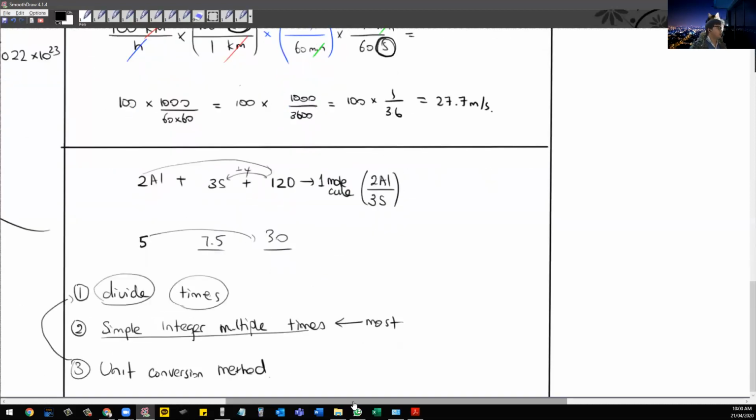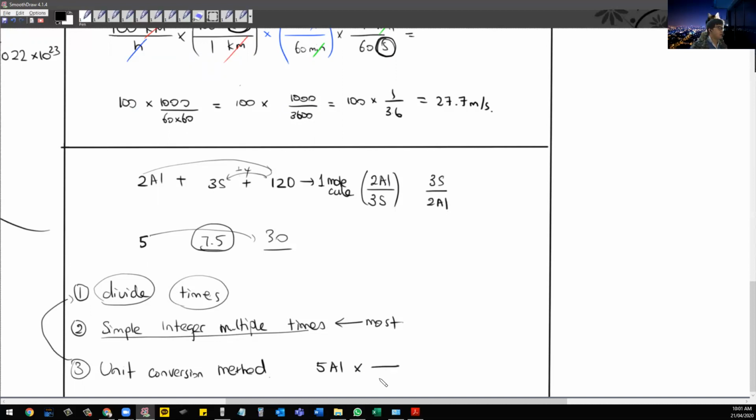So when you have 5 aluminium, how many sulfur do we have? We can think of that as, all right, just flip that one. So it can have 3S is equivalent to 2Al.